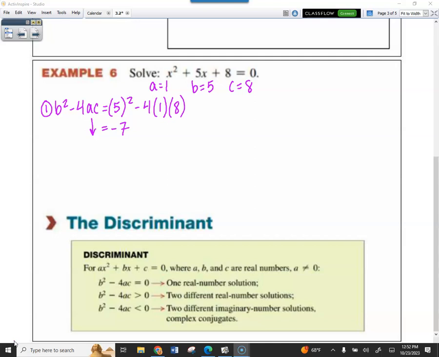You will get -7, and then we can plug everything into the formula. And what is the square root of negative numbers? It's going to produce imaginary solutions. So this means we're going to have to finish the problem by hand.